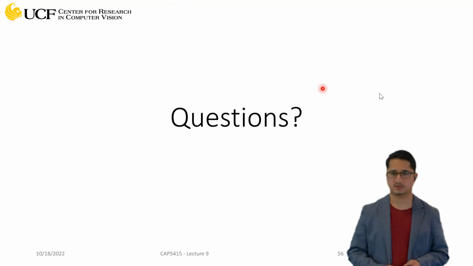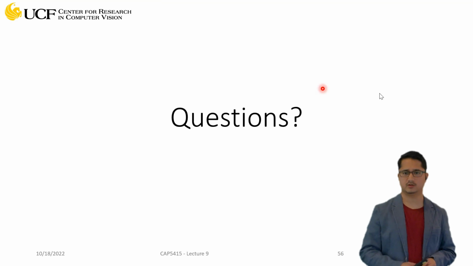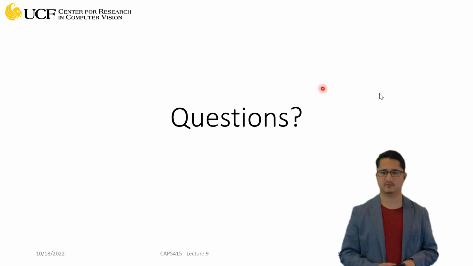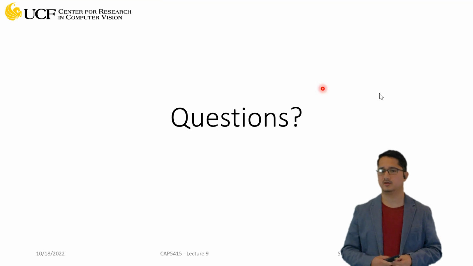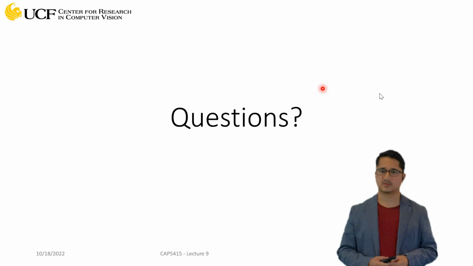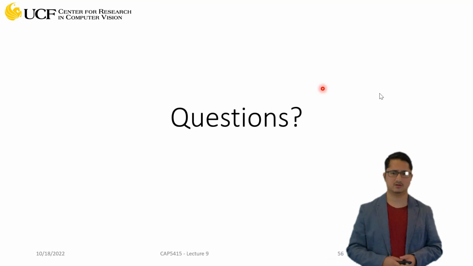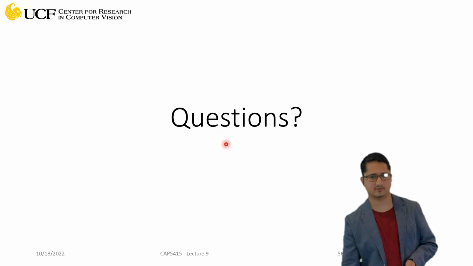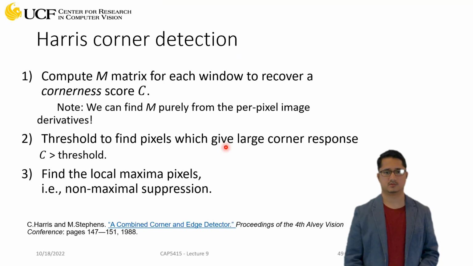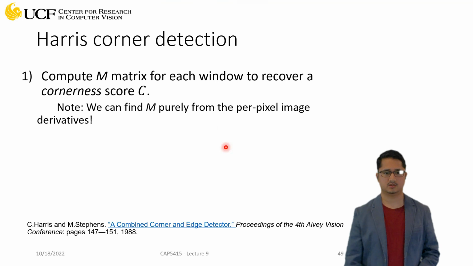Okay, question from Shashank. Is the detector something novel, or is it old like the Canny edge detector? What do you mean novel? Or you mean new? It's not that old. I think it's 98 or around that year, right? Let me check for you. Yeah, 88.